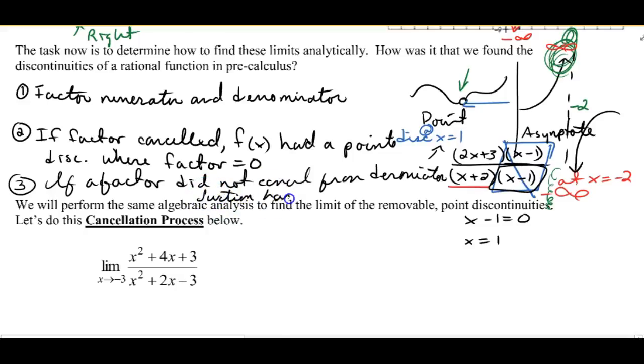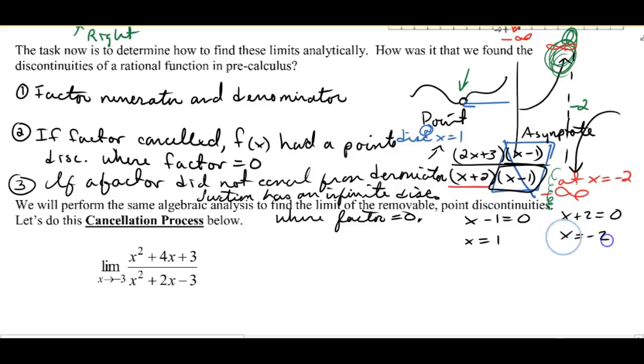The function has an infinite or asymptotic discontinuity, again, where the factor equals 0. And this is what we saw in this example on the right. Because I had this x plus 2 that did not cancel, I set x plus 2 equal to 0, and I say, oh, I have an infinite discontinuity at x equals negative 2. This is where I have this infinite or asymptotic discontinuity.